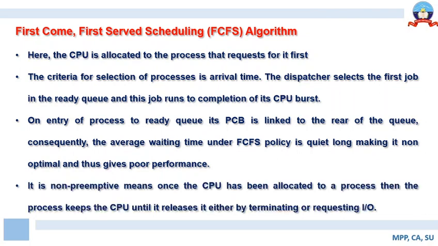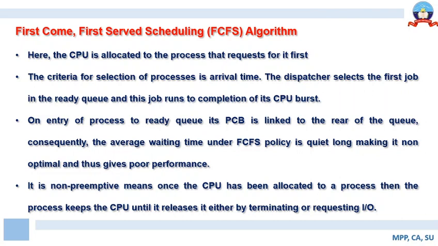So as we have learned, first come first served scheduling algorithm is a non-preemptive scheduling algorithm, where the CPU once allotted to a process will be released only when the process terminates or the process enters into a waiting state, because it makes a system call for use of IO devices that may not be available at that particular point in time. So these are the only reasons why a process may release the CPU.